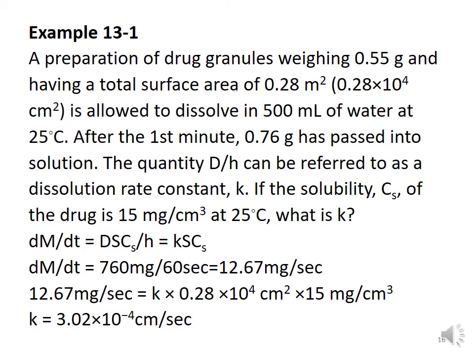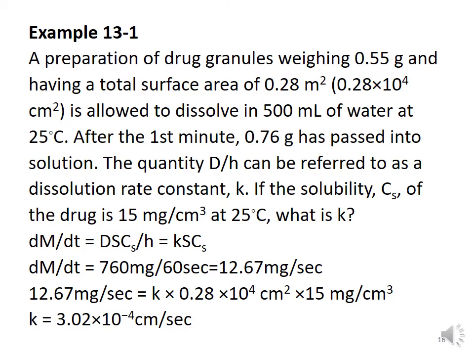Also, granules are being used instead of a compressed tablet. Just assume that the surface area is constant and that the amount passed into solution after the first minute is given to you only to provide you with the dm/dt.